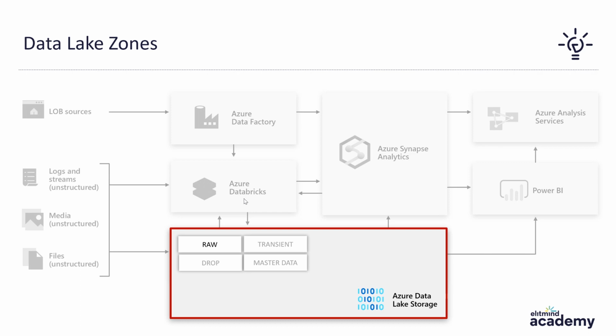So, for example, you can put your data coming from websites and web services into transient zone, just to make sure that you're going to provide some additional metadata before this data lands in the raw zone. You can also provide a drop zone for your users and for your automatic RPA processes that will copy the data from your organization into the data lake, and then you will consume this data easily.